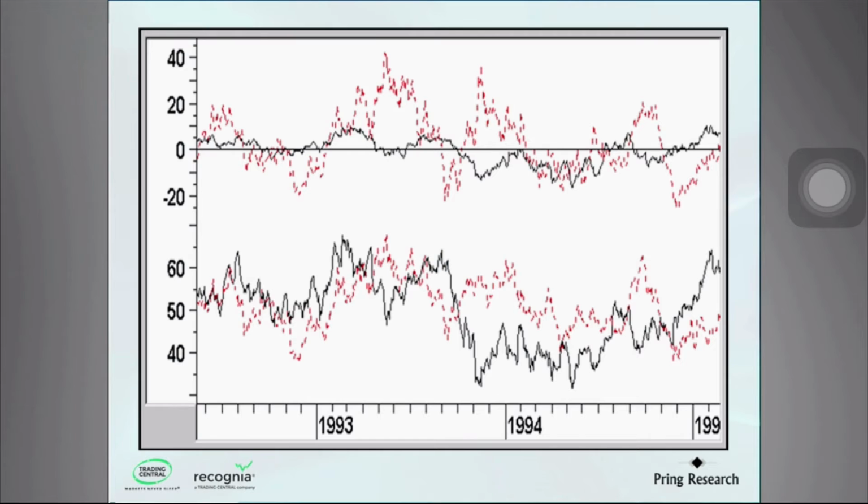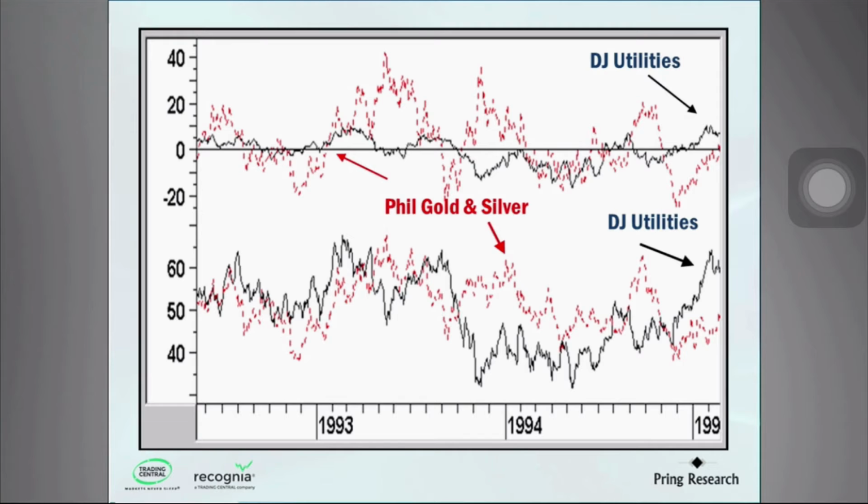The nature of the RSI calculation allows the accurate comparison of different securities on the same chart. In this one there are two series, the Dow Jones Utilities and the Philadelphia Gold and Silver Share Index. The upper panel plots a 45-day rate of change and the lower one a 45-day RSI for both securities.